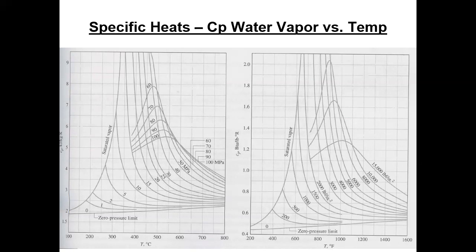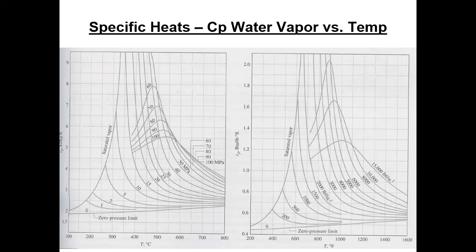So you see the saturated vapor line is the vapor side of the saturation dome, and you can see how specific heat changes on that line and then out into the superheat region. And look at those pressures, pretty significant pressures.